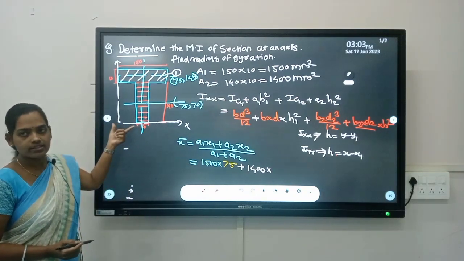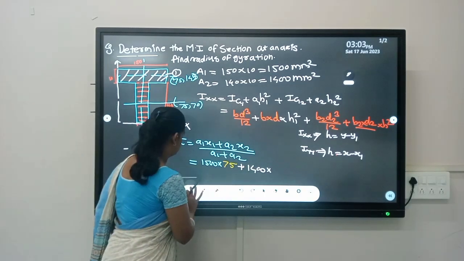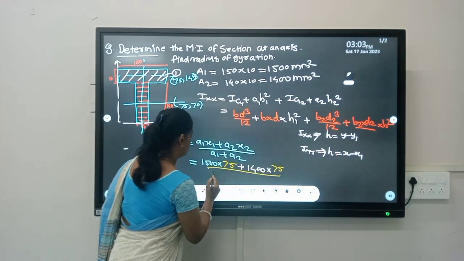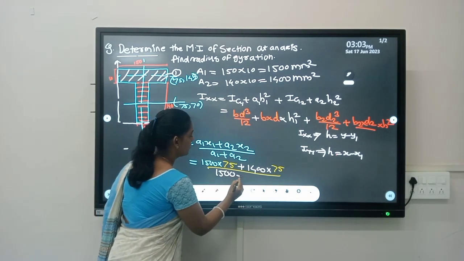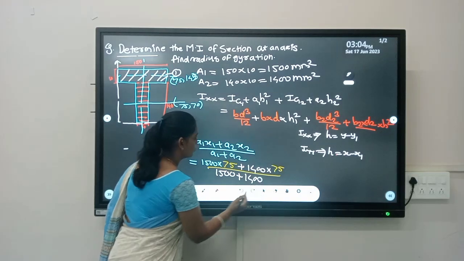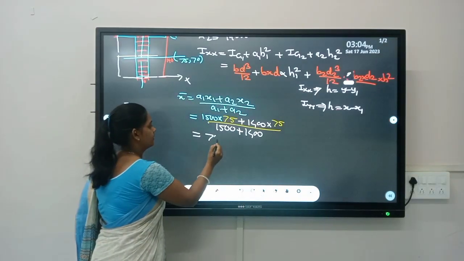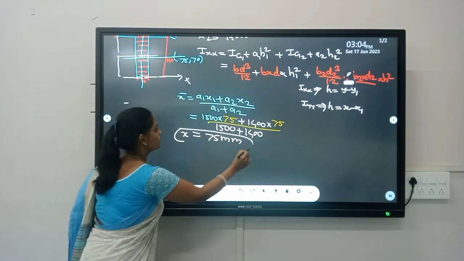It is obviously 75 because it is symmetrical along vertical plane, divided by 1500 plus 1400. What is the value? It is 75. So value for x bar calculation is 75.